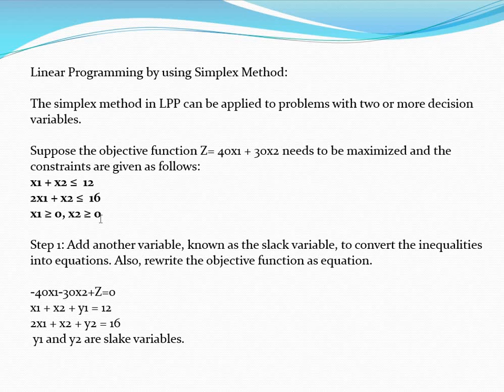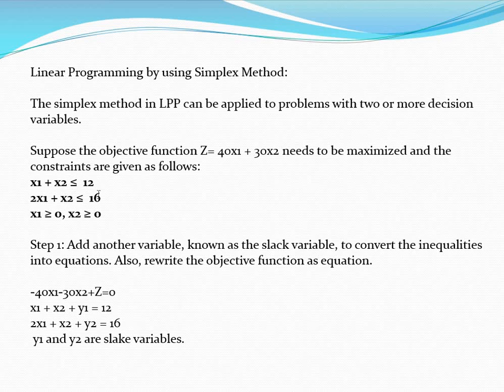So step 1 of simplex method is to add another variable known as slack variable to convert the inequalities into equations. Also rewrite the objective function as an equation. So what we are doing, this is the first equation: minus 40x1 minus 30x2 plus z is equal to 0.